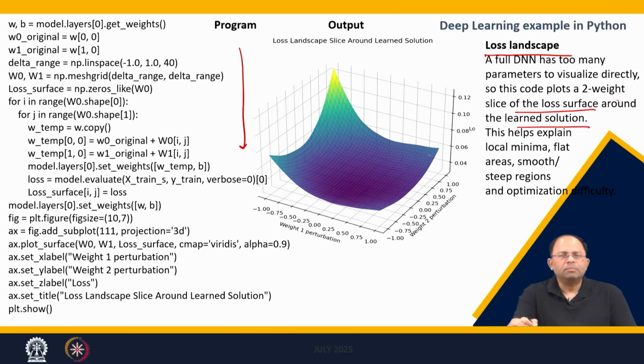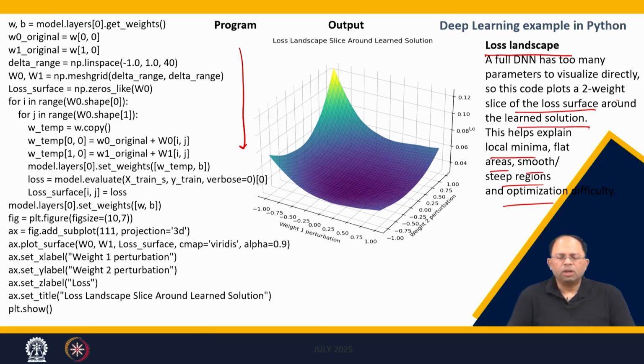We already know how the values of the loss function are reduced. So for that solution, that two-weight slice of the loss surface is actually taken, and with that we are trying to explain the local minima, flat areas, smooth steep regions, and the overall optimization difficulty that has been encountered. So this actually shows the loss surface.